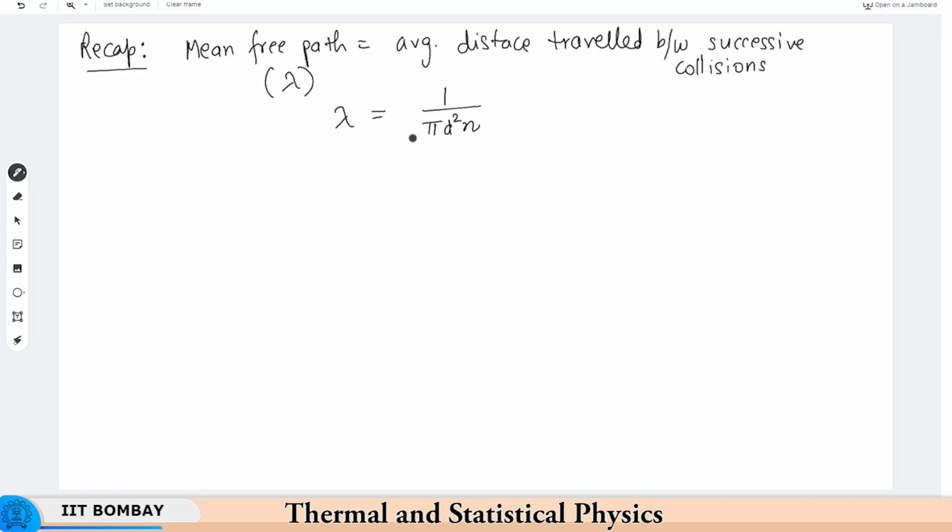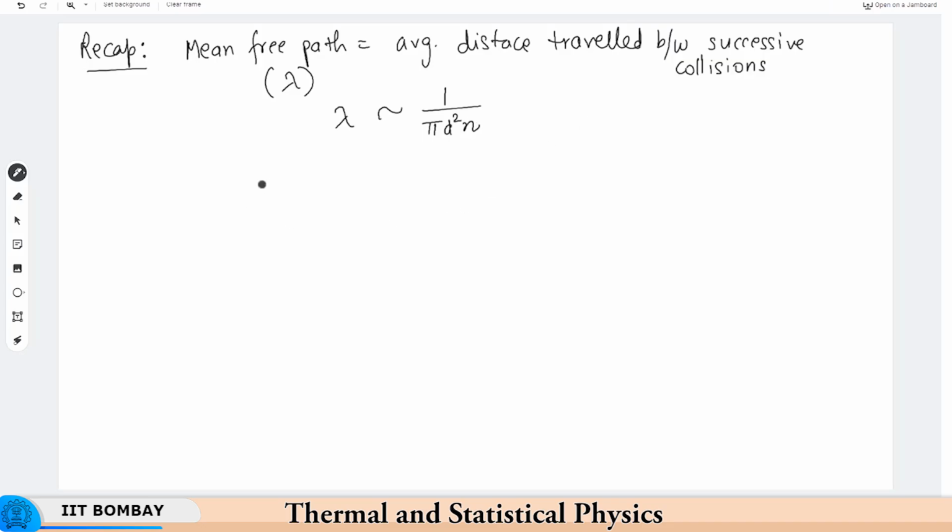I think it's square root of 2 and 4 by 3 respectively in those two cases. But the important thing is that the mean free path is inversely proportional to this factor. As you increase the density of gas molecules, it is natural to see that lambda will go down. And so does it if you increase the size of your molecule, there will be more collisions and your lambda will go down again.